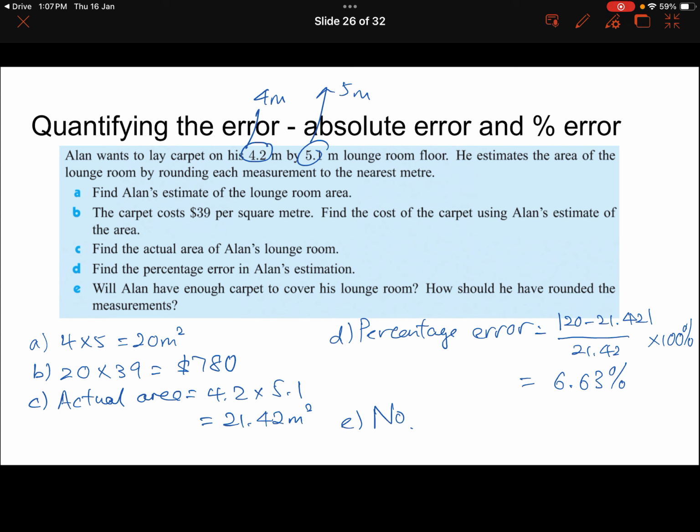But in this context, we are really not trying to solve the real life problem, but what I'm trying to show you is how we could quantify the absolute and the percentage errors in this case. Okay, all right, so hopefully, I know it's a rather long lesson, but I hope it is a very comprehensive one to distinguish the difference between these two errors here.